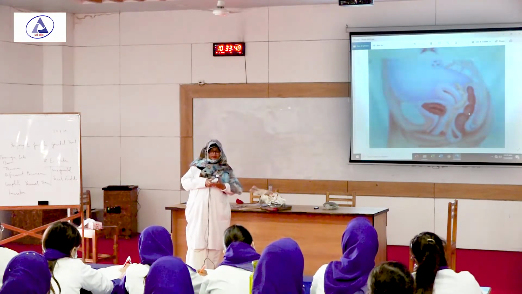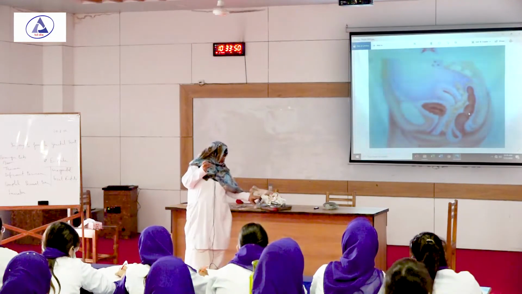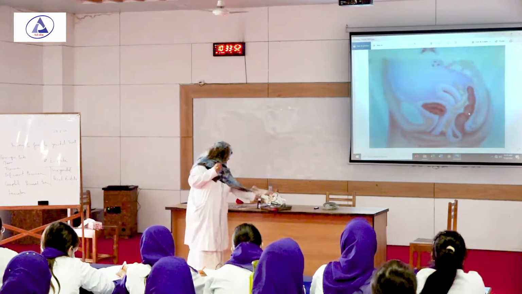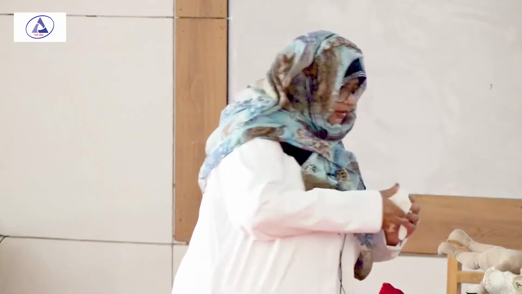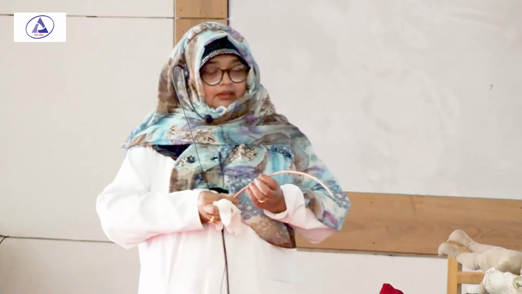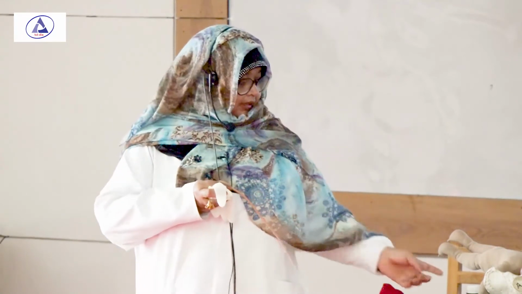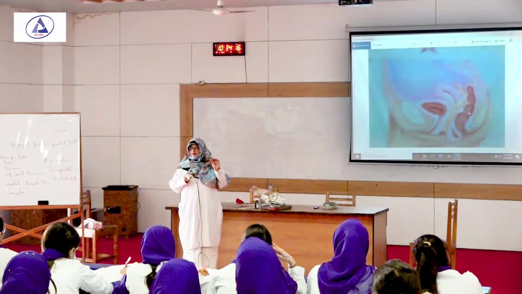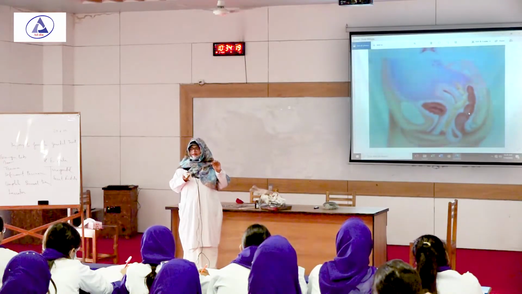and we put 3 cotton balls in the vagina. 3 cotton balls we place like this. I bring here 3 cotton balls like this. We place them in the different areas: upper vagina, mid vagina, and low vagina, and we put the diluted methylene blue through this plain catheter into the bladder.